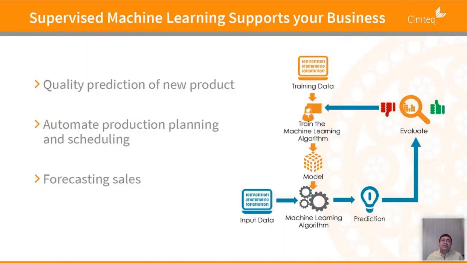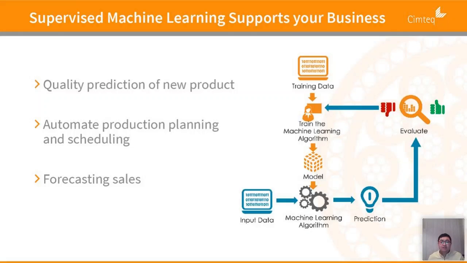So how can we use supervised machine learning to support your business or cable factories? To put it into a cable industry environment, I have listed a few possible practices, and I'm going to talk about the first two in detail. The first one is to predict product qualities.